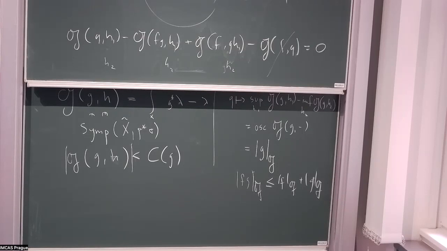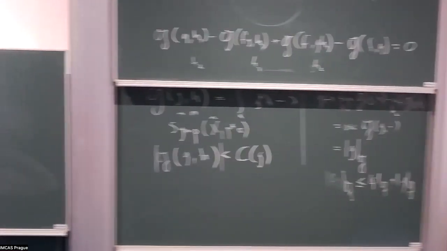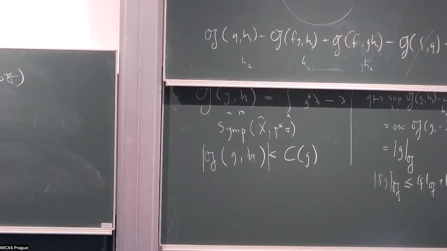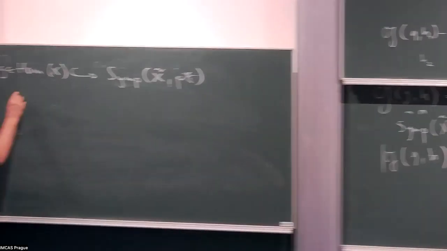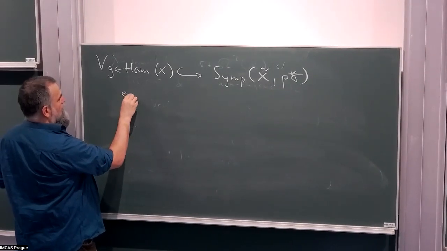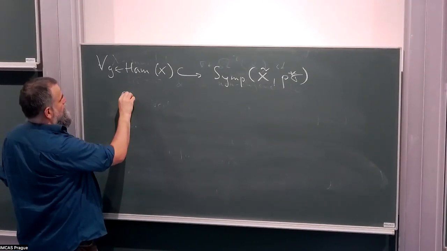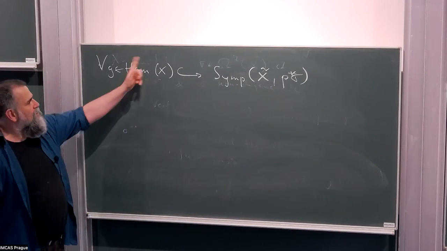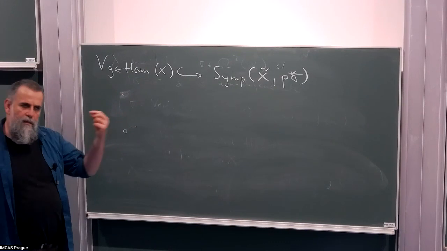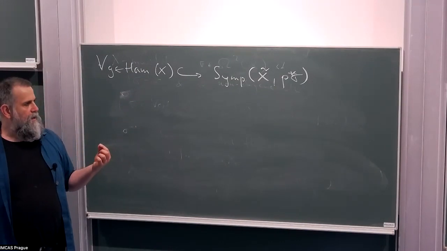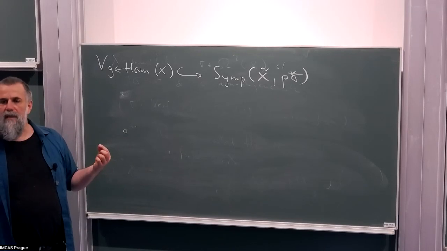You need to know that whenever you have a loop in this group, and you look at the evaluation map to X, okay, that's exactly what I'm saying. Consider a loop in this group and trace it on a point in the space.